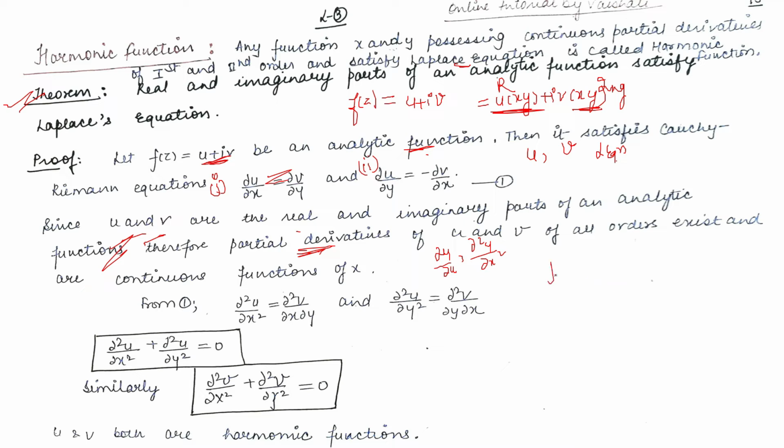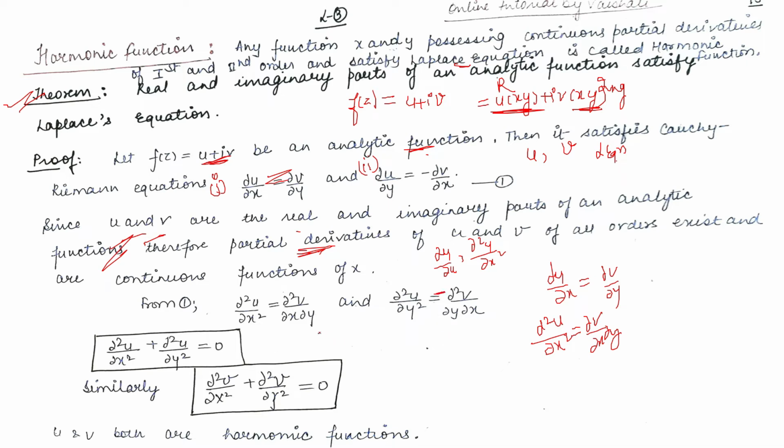Taking equation 1, del u upon del x equals del v upon del y. Now I differentiate with respect to x on both sides, so del 2u upon del x square equals del 2v upon del x del y. Similarly, we can do it for del 2u upon del y square, which equals minus del 2v upon del y del x, and here it should be a minus sign.